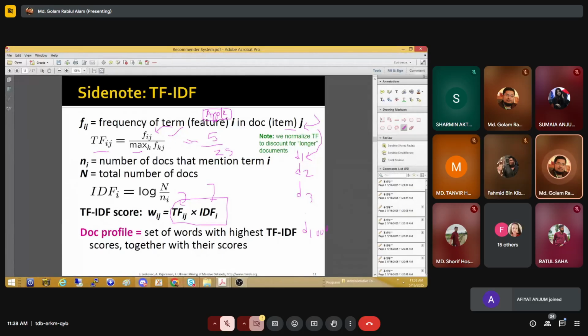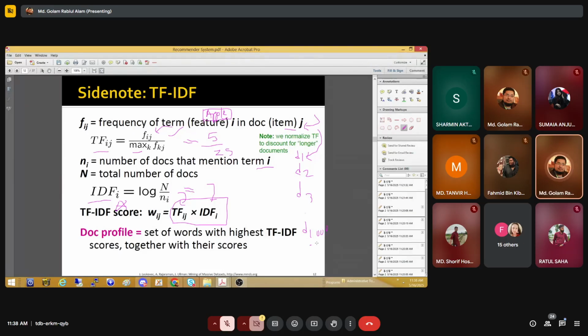And then we have to think about the inverse document frequency also. There is the number of documents that mention the term i, and the total number of documents. So this is called the IDF of i, that is, the term apple, IDF of apple. It will be log of N, where N is the total number of documents.